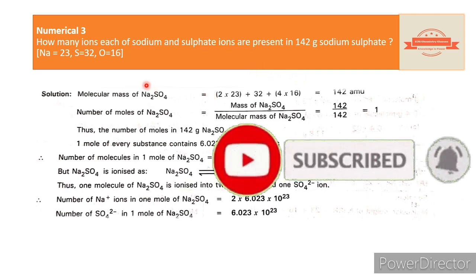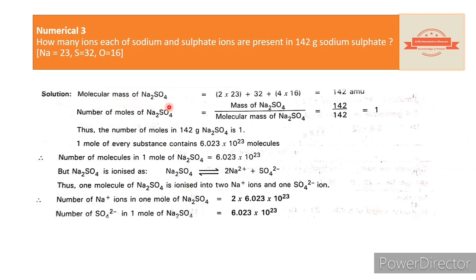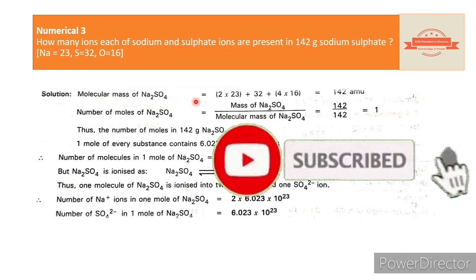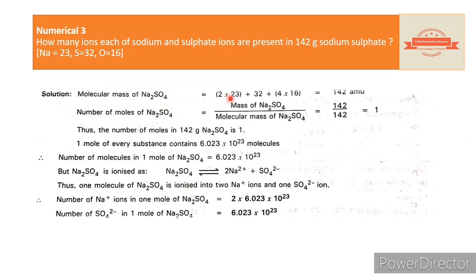So we have to first calculate molecular mass of sodium sulfate, that is 2 into 23, atomic mass of sodium, plus 32, atomic mass of sulfur, plus 4 into 16, atomic mass of oxygen. On adding all this, we get 142 AMU.